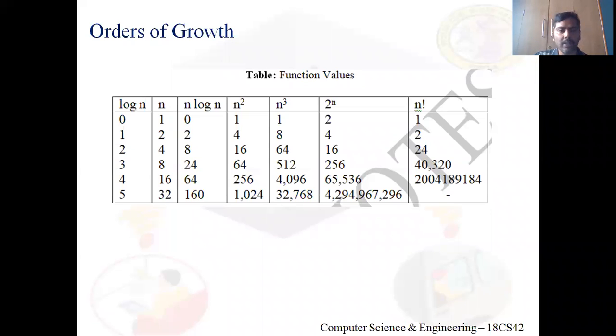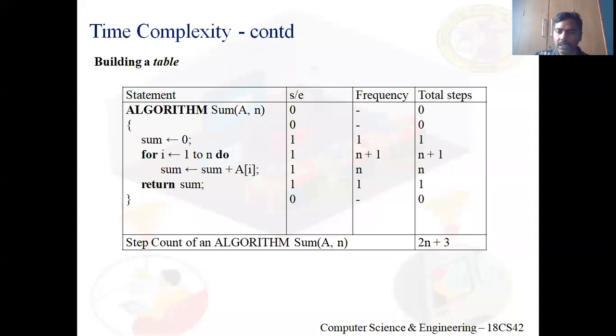Cubic, exponential, factorial; this in detail I'll tell you. Log n means I may get n, like this. In this 2n plus 3, I won't say it's 2n plus 3, I just call it n. The actual count is 2n plus 3, but that count belongs to the linear function that we are going to use here.